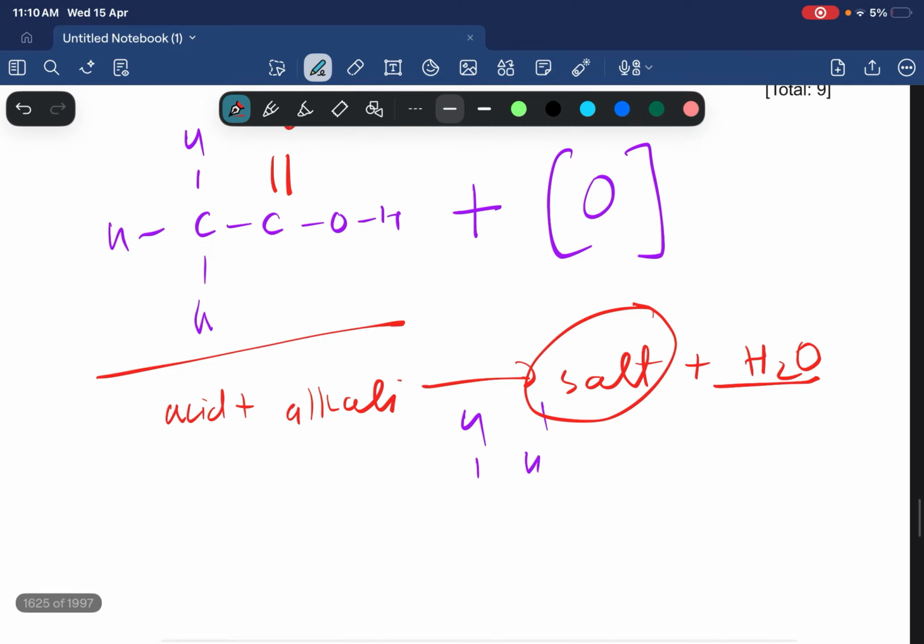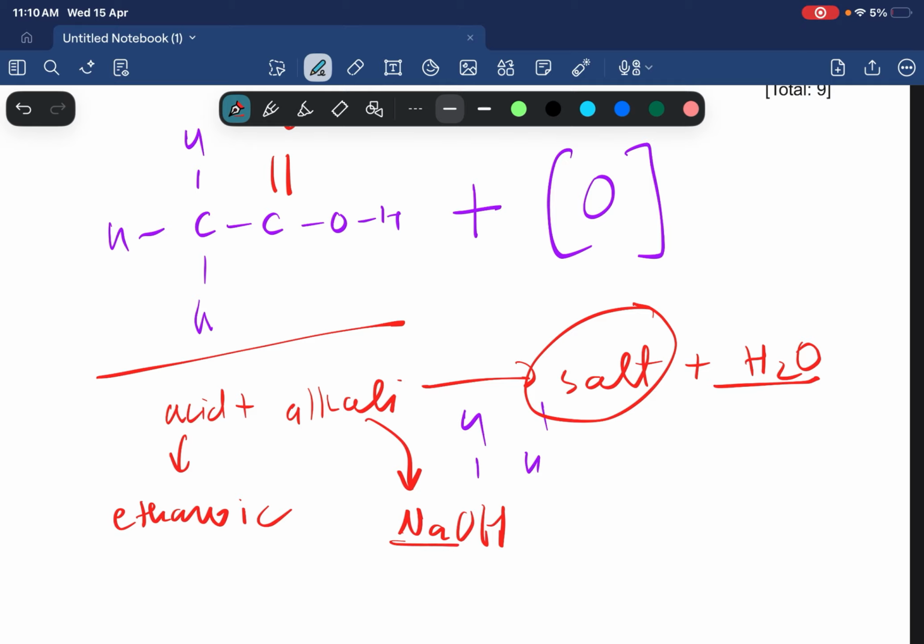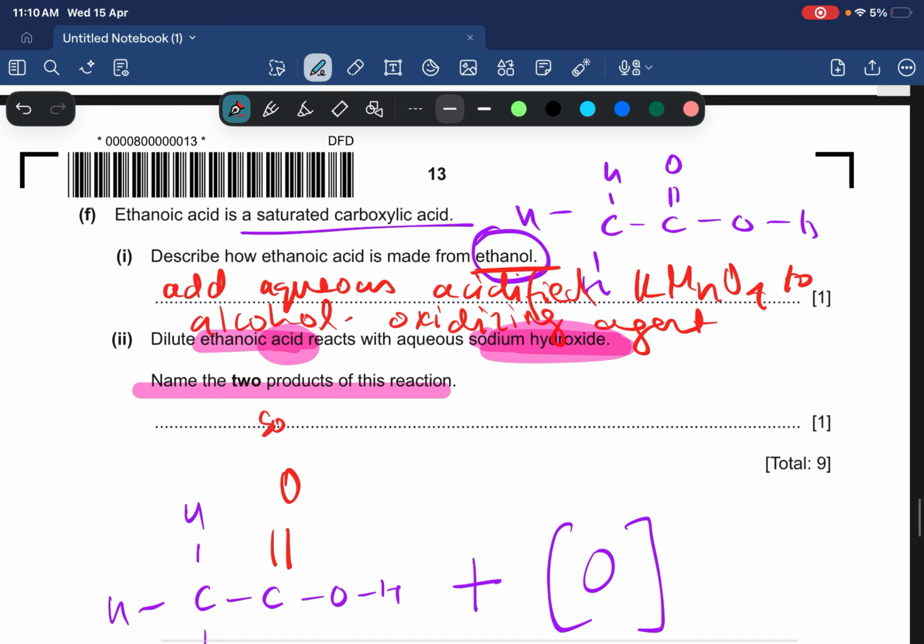That depends on the type of acid and the type of alkali we're using. We're using ethanoic acid and we're using NaOH as alkali. So we're going to form sodium ethanoate as our salt. Sodium ethanoate and water.